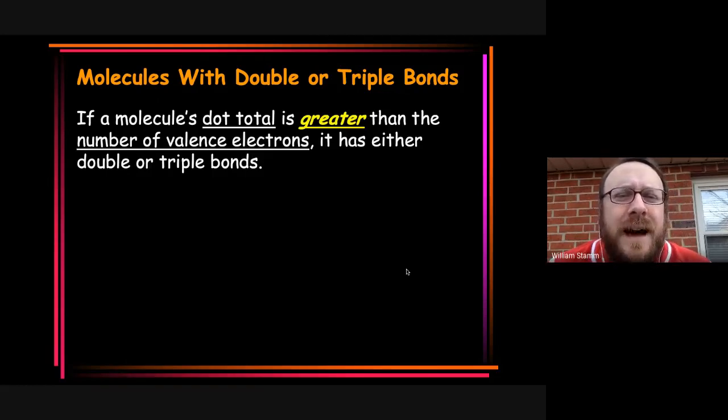If the number of dots you drew following all of our rules is greater than the number of valence electrons you calculated from the formula, it has either double or triple bonds for the most part. You always start looking for double first and then possibly triple.